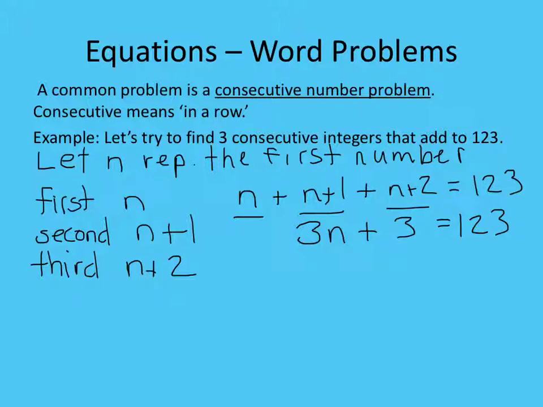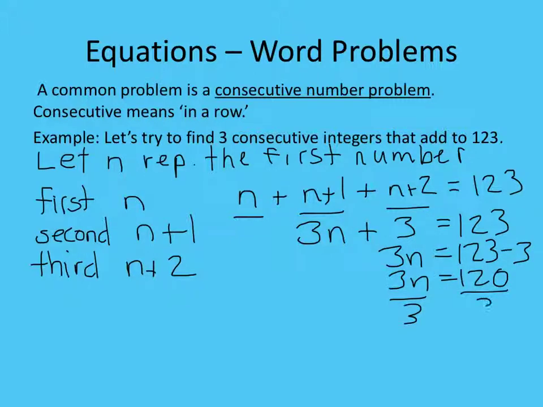I'm going to move that 3 to the other side, so now I have 3n equals 123, take away 3. 3n equals 120. I'm going to divide both sides by 3, and my n, cancel, cancel. 120 divided by 3 is 40. So my first number is 40.